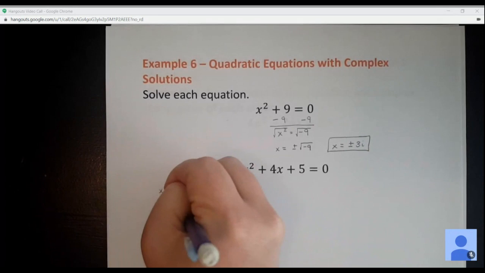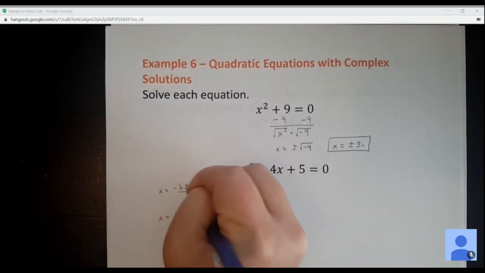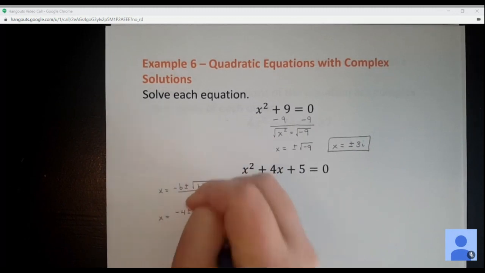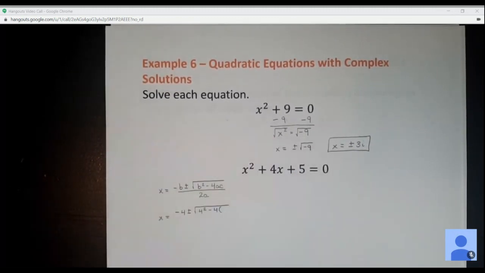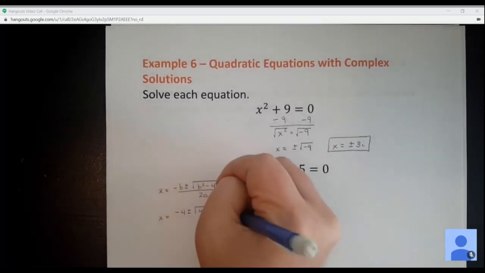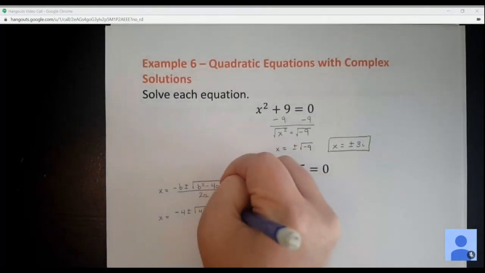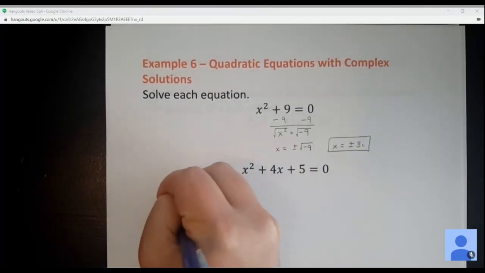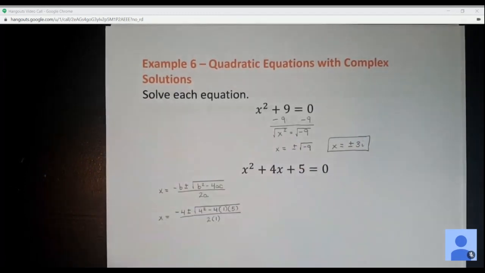So that's going to be negative 4 plus or minus. We have that same b value squared, so 4 squared minus 4 times, what's the a value? Good. And the c value? Awesome. All over 2 times a, which is just going to be 2 times 1.